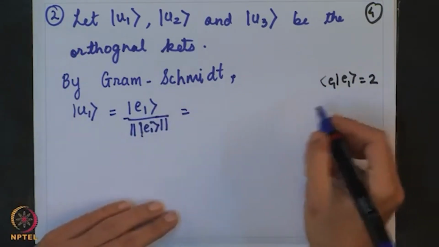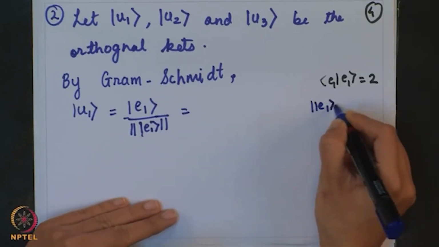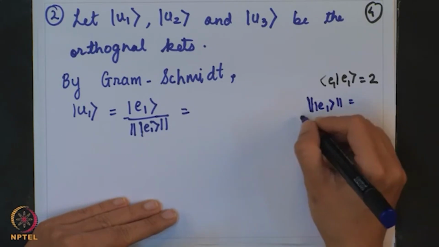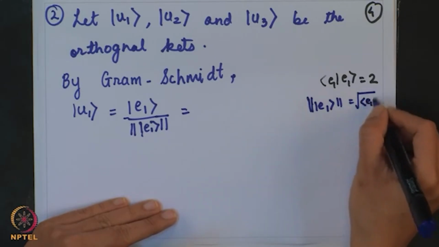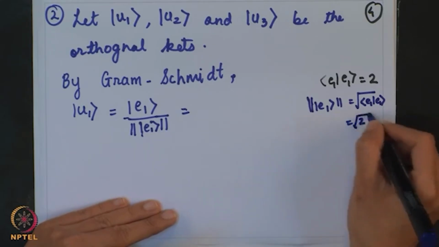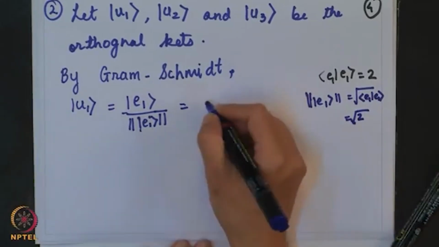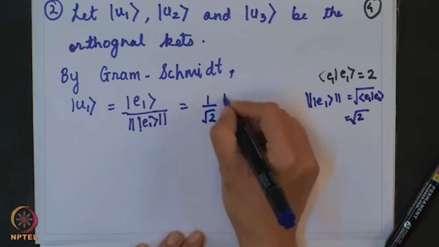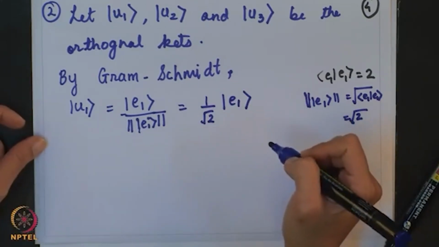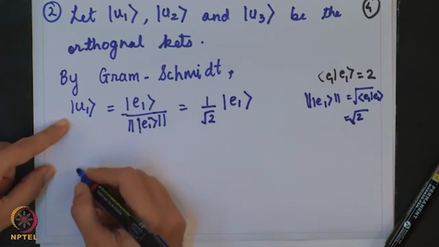Okay. So we have to calculate the norm of E1. So this will be nothing but square root of E1 on E1, which is nothing but 2, root 2. Okay. So we will have this as 1 by root 2 E1. Okay. So we have obtained U1 in terms of E1. This is one of the elements of the set of the 3 eigenkets.